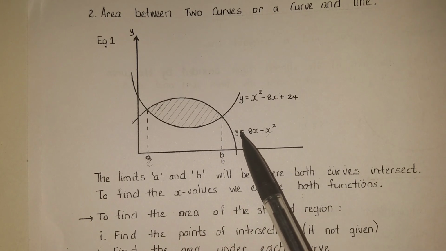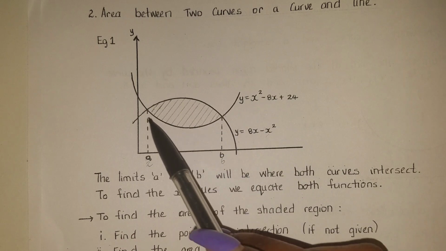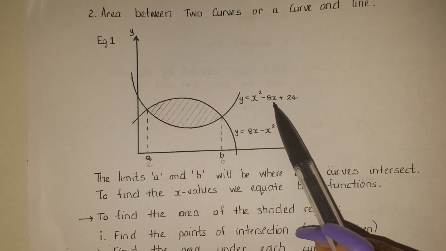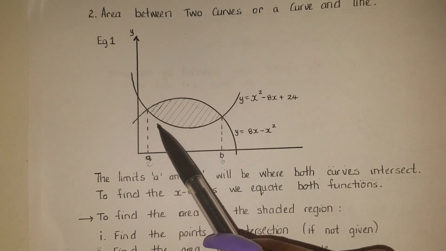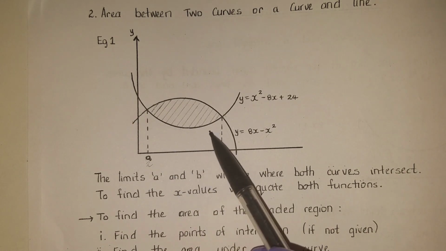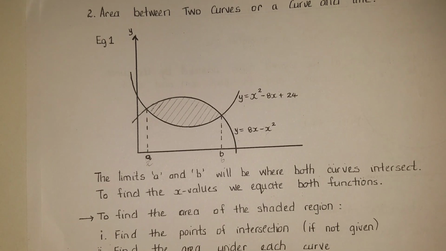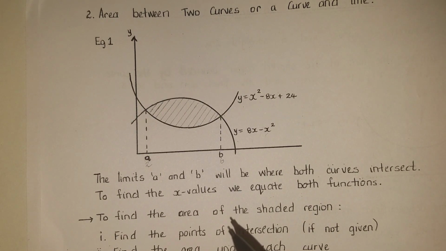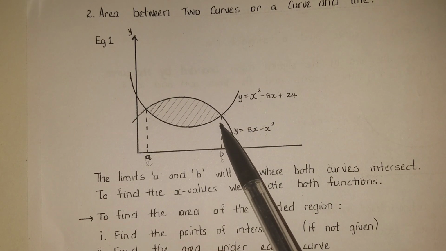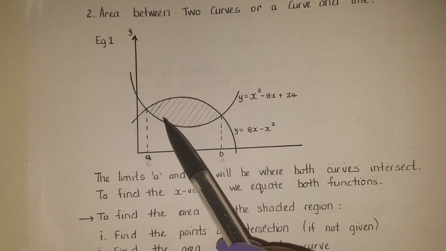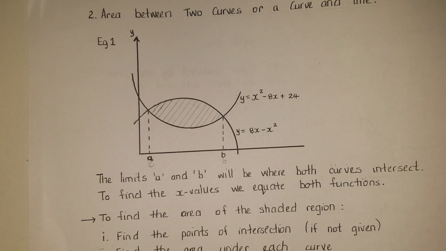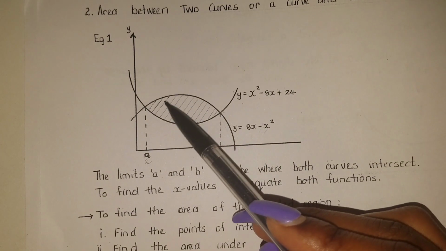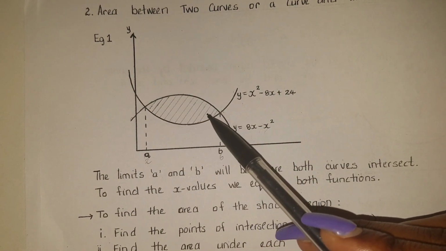And the area that falls below this curve, x squared minus 8x plus 24, just includes this portion. So the idea is, since the area under this curve is much larger than the area under this curve, that's what we will subtract to get this region that's shaded.